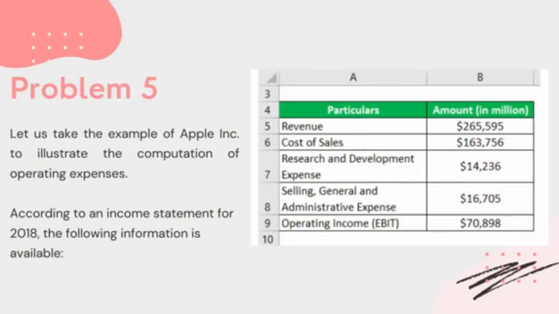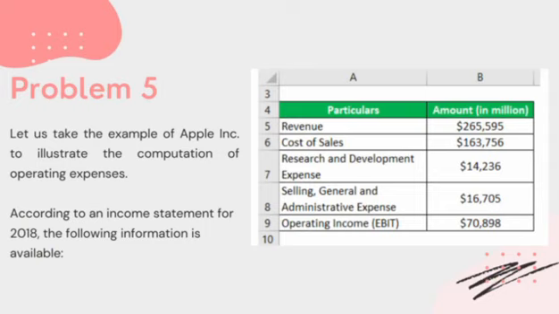Problem number 5. Let us take the example of Apple Company to illustrate the computation of operating expenses. According to an income statement for 2018, the following information is available. As you can see in the pictures, we have two columns, particulars and the amount.